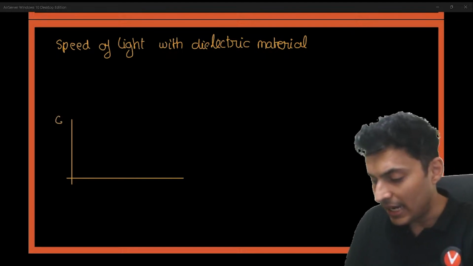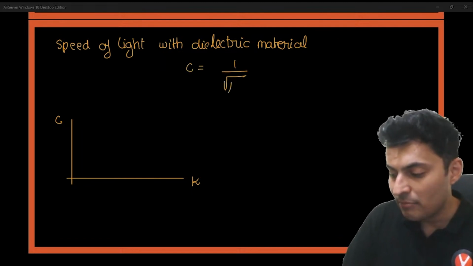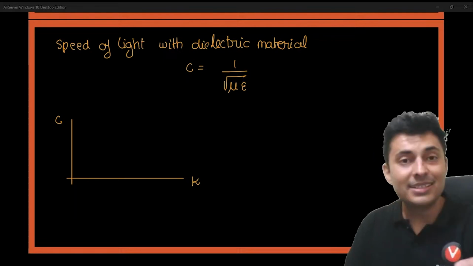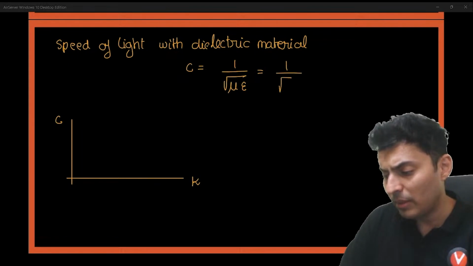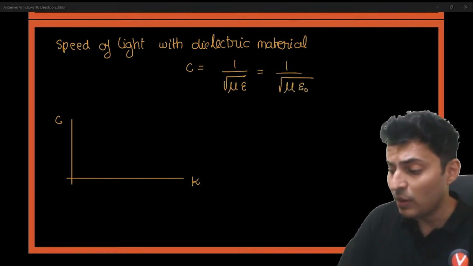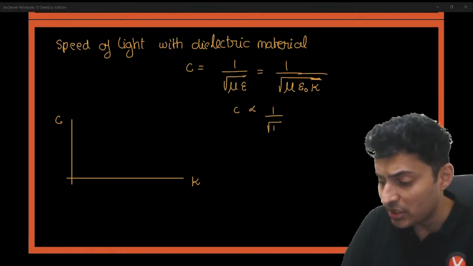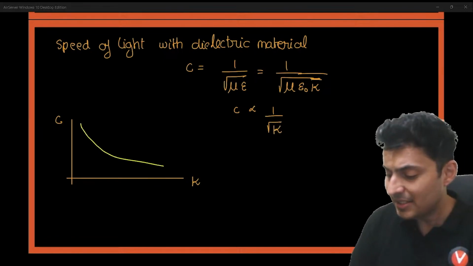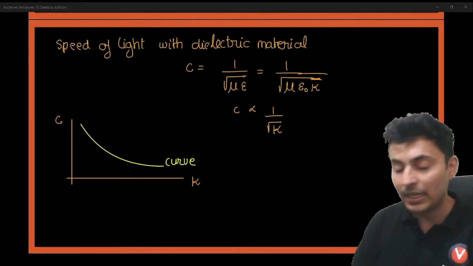Speed of light is c, dielectric constant is k. Well, the formula is 1 by root mu epsilon. What is this mu? Permeability of the medium. What is this epsilon? Permittivity of the medium. So, remember one thing. The permittivity of any medium is permittivity of vacuum into the dielectric constant. So, if you notice, speed of light is inversely proportional to root of k. Hence, the graph will be just some curve. That's all. It's going to be definitely a curved line.